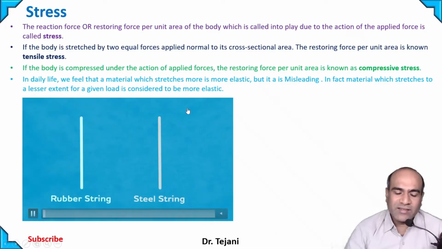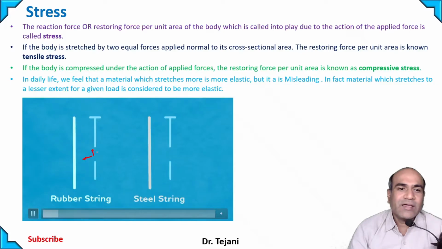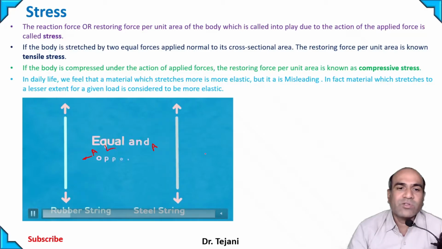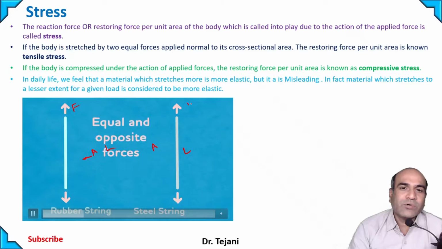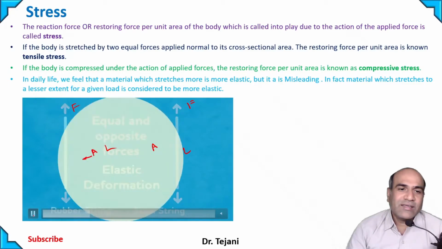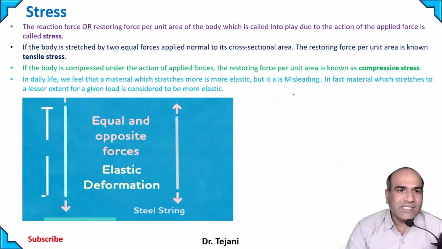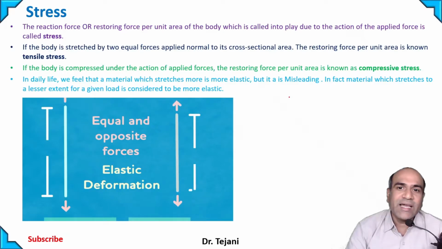We can see again here the rubber string and steel string. Both have equal area, and length is also equal for both cases, and we are applying equal and opposite force. Of course, rubber has higher stretch compared to steel.